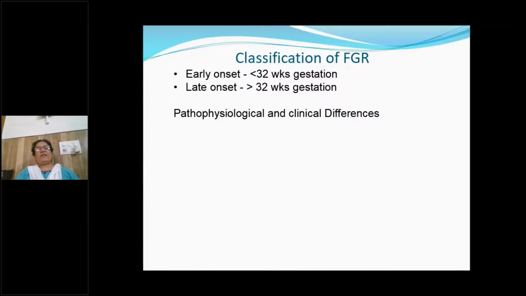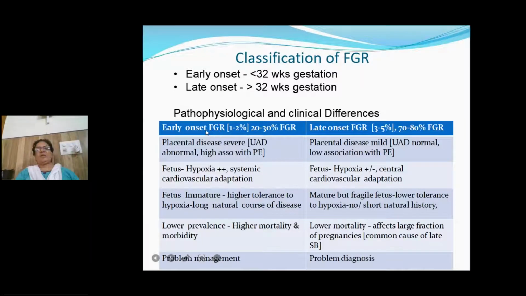Why are we classifying it like this? Because there are significant pathophysiological and clinical differences between these two types of fetal growth restriction. Early onset fetal growth restriction occurs less commonly, but is associated with higher morbidity, whereas late onset is more common, but associated with lesser morbidity.